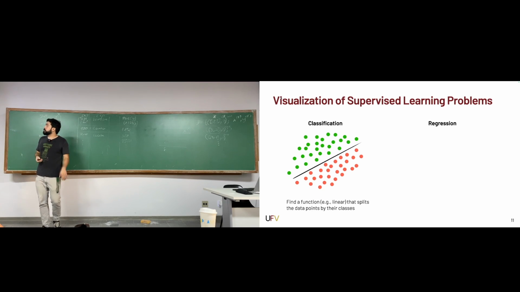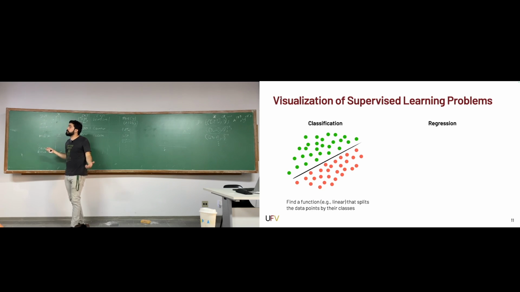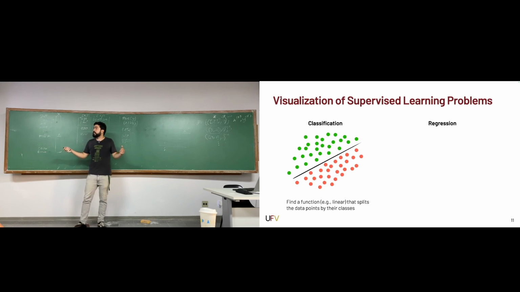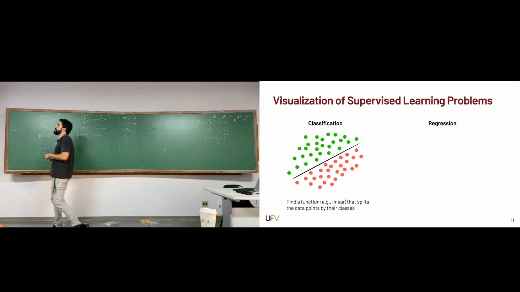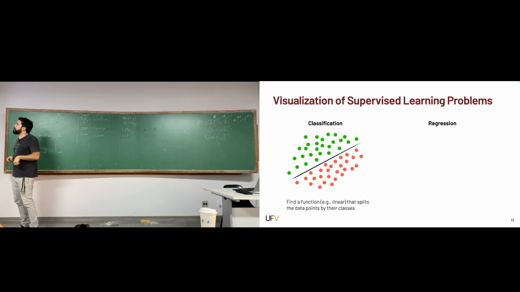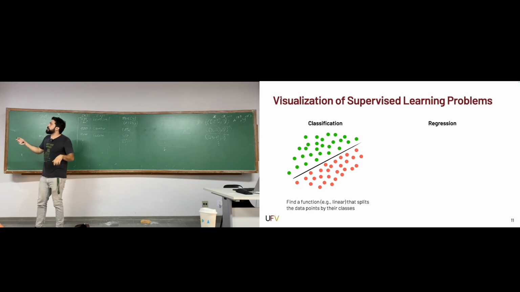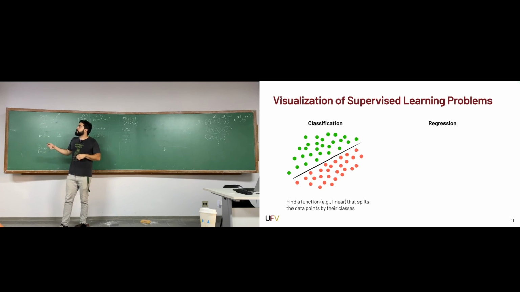in two, okay? But if you had more classes, then there would be a different color here, and the problem probably would need a more complicated model, or you'd have to use two lines. Well, it really depends, right? But what we're trying to do with classification is find a function that splits the data.